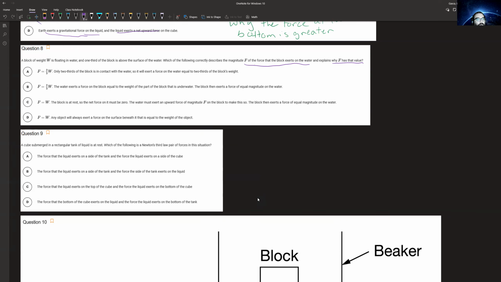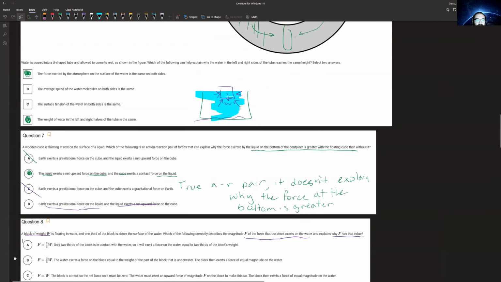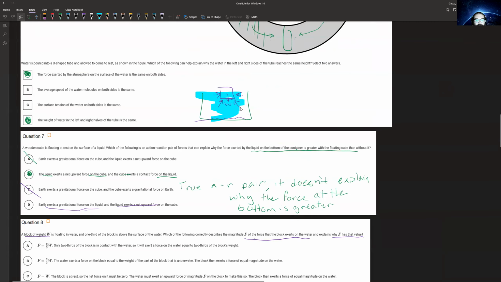And so we know that the block has a weight W. If we go back to our previous example here, the block is going to push with a force W on the surrounding fluid. Now, if it remains at rest, if it floats, the net force has to be equal to 0. So we have the force from the water minus the weight equals 0. So this tells us that F, the force that the block exerts on the water, has to be equal to the weight.